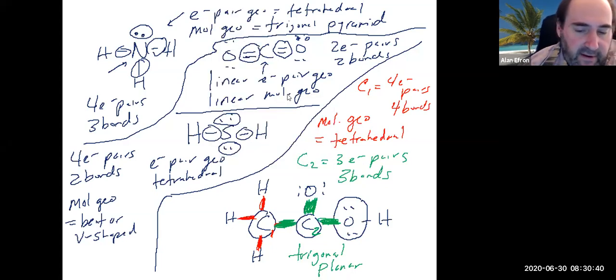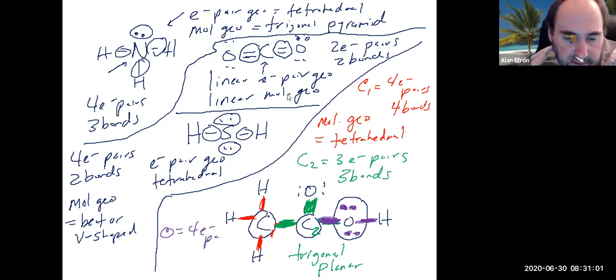Let's look at the very last one, which is our oxygen. We do the same thing. This bond counts for the oxygen as well, so that's 1 electron pair, 2 electron pairs, 3 electron pairs, and 4 electron pairs. So the oxygen has 4 electron pairs.